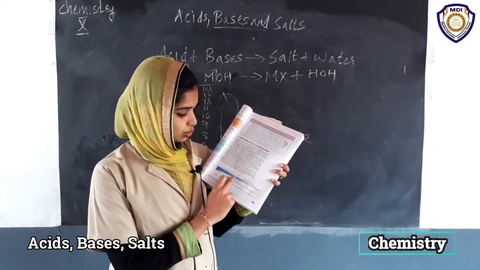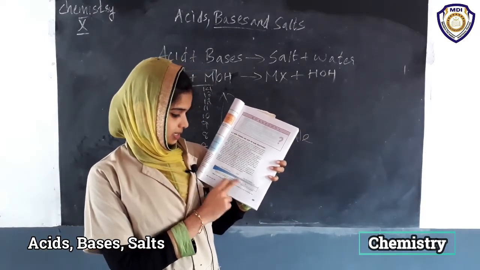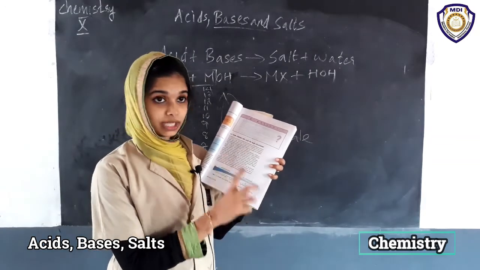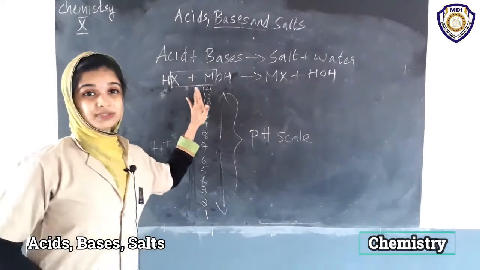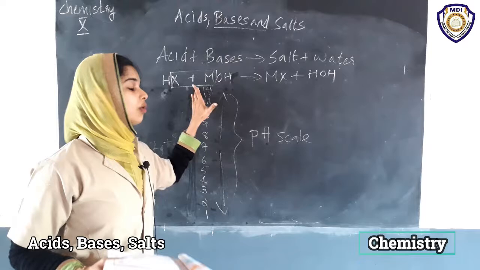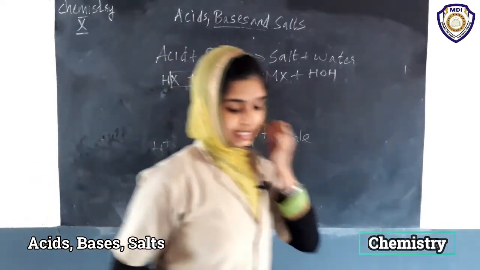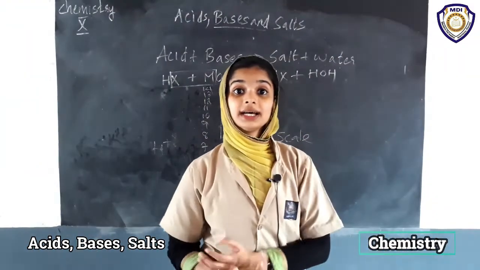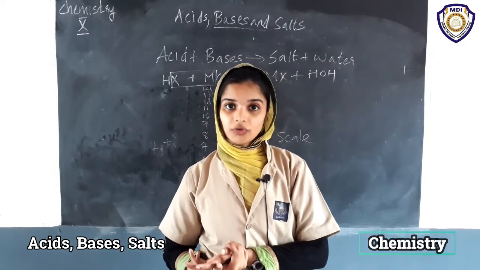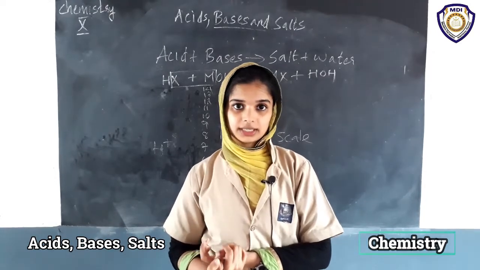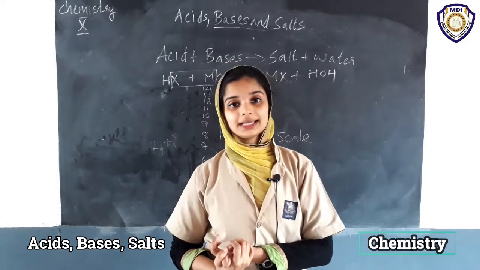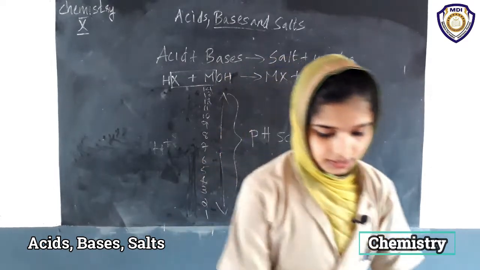When we go to 7, the amount of H plus ions decreases, and when we go to 14, the amount of H plus becomes very low, and the amount of OH minus ions increases. So the pH scale is used to indicate the concentration of H plus ions. Depending upon H plus ions, the solutions become acids or bases.